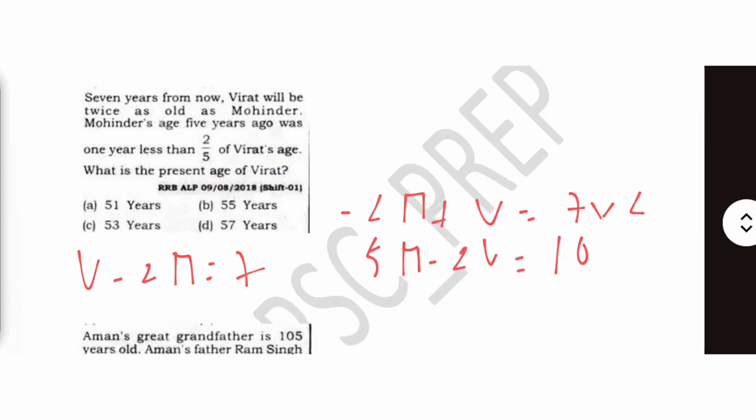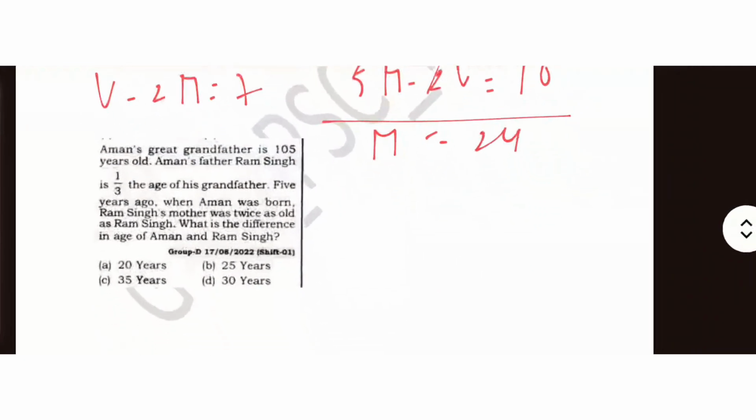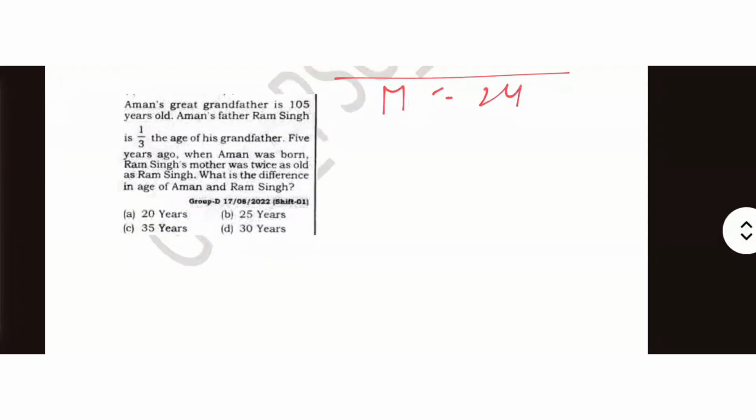If we multiply this by 2, I get minus 4M, I get 2V, and this becomes 14, right? So this and this get cancelled, so M is nothing but 24. Then what is Virat's age? V is nothing but 7 plus 48, which is 55 years old.